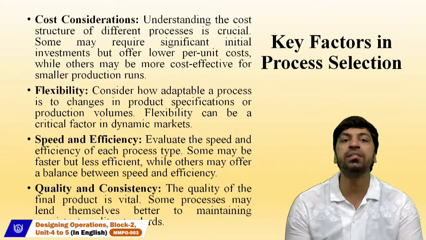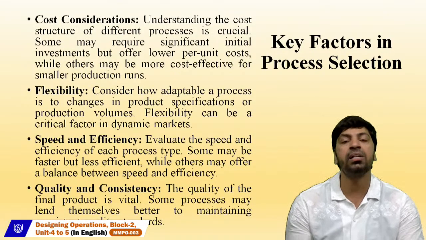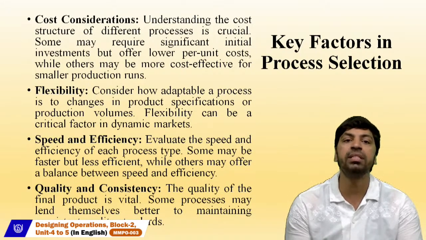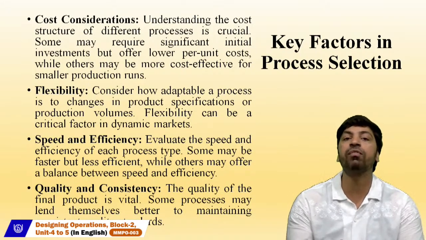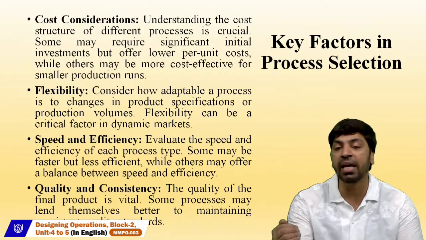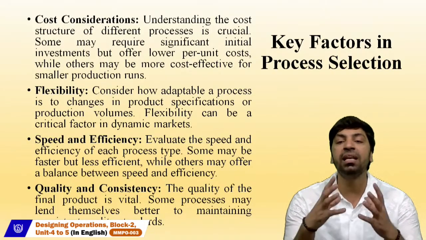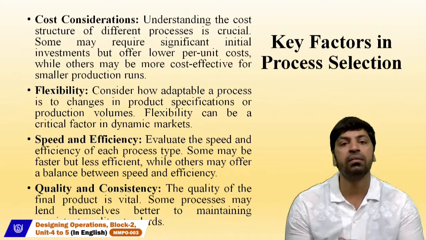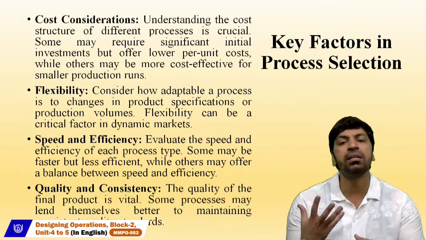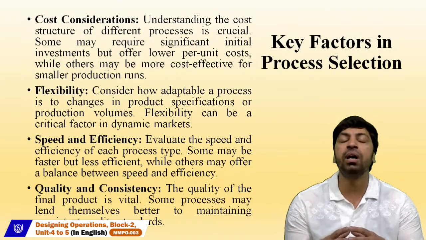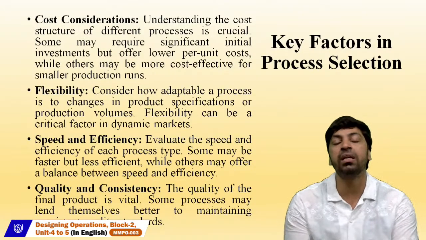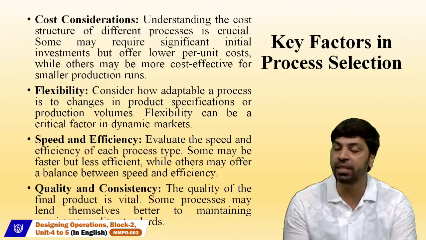Next one is speed and efficiency. It is also one of the major components to evaluate the speed and efficiency of each process type so that it can deliver the appropriate product or services. Some may be faster, others slower, and some others might be a balance between speed and efficiency.